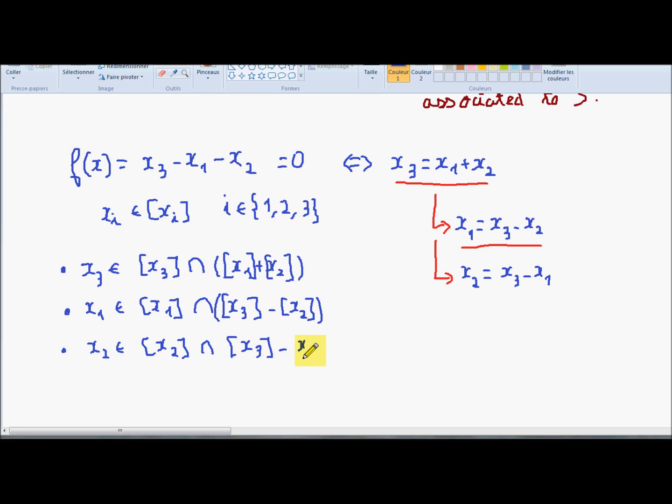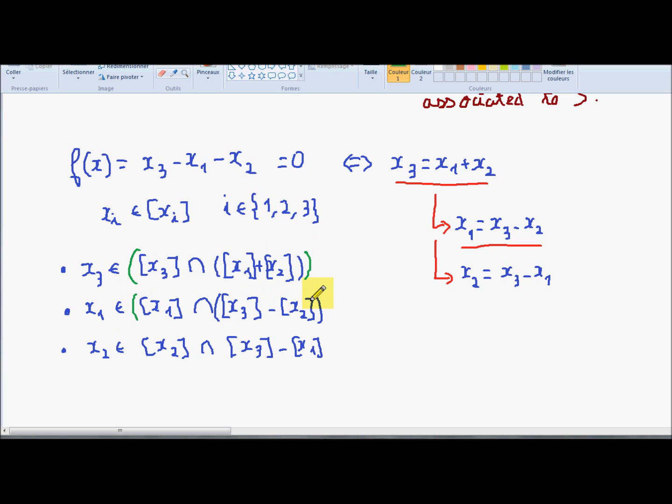Here I have a new interval. Each of these corresponds to an interval.